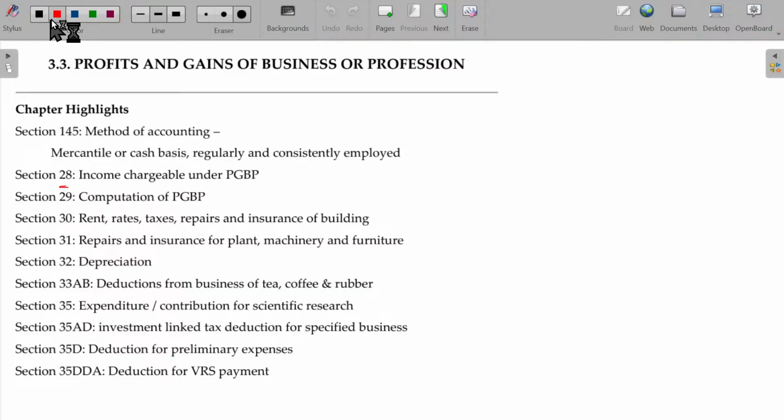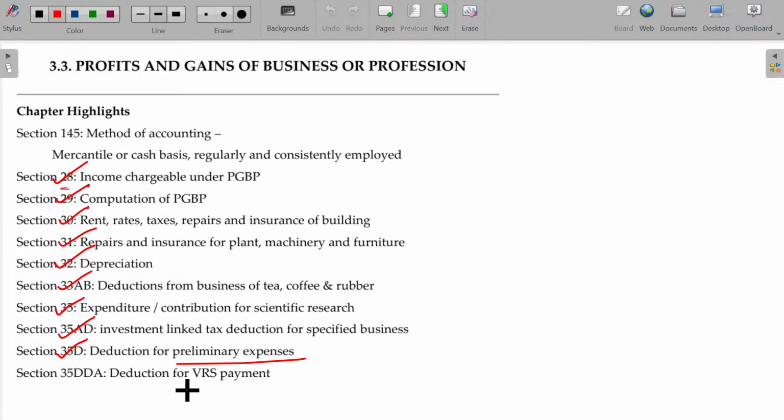So we have completed section 28, 29, 30, 31, 32, 33AB, 35, 35AD, and 35D, deductions for preliminary expenses. DDA is not there for, I think, for CA, so I skip that.